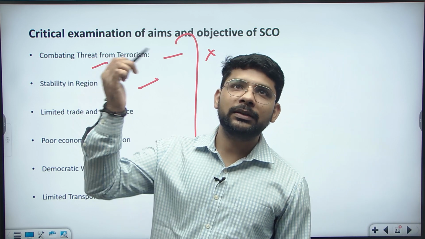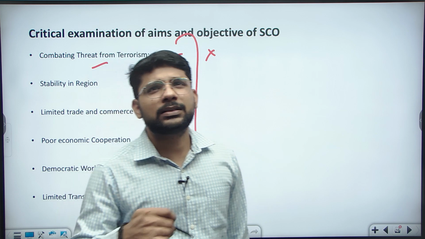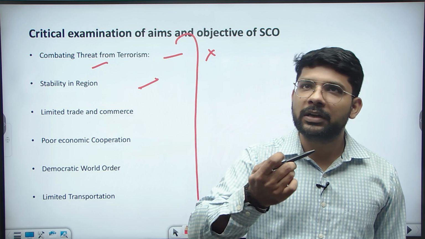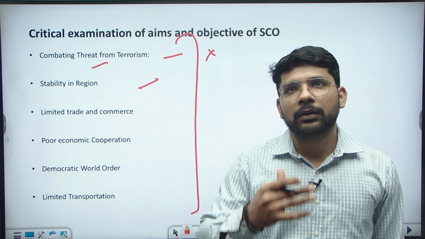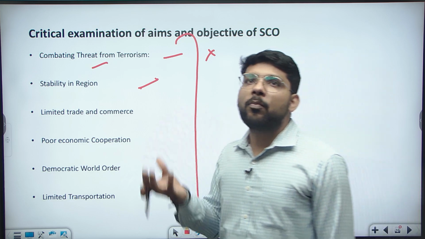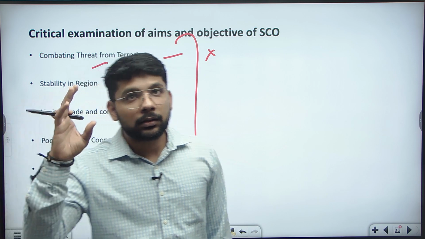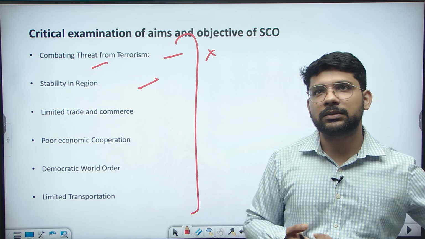Then coming to the trade and commerce part, due to the trust deficit between India, China, Pakistan, and some of the Central Asian countries, trade and commerce cannot increase. The SCO objective was to increase trade, the 3T we discussed.